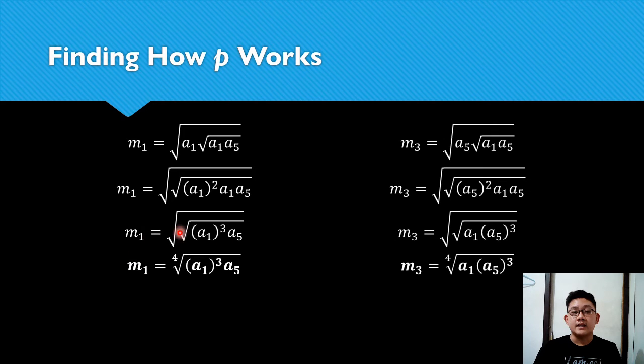So we are basically getting the fourth roots here. So m sub 1 would then be the fourth root of the product of the cube of a sub 1 and a sub 5. And m sub 3 would be the fourth root of a sub 1 times the cube of a sub 5.